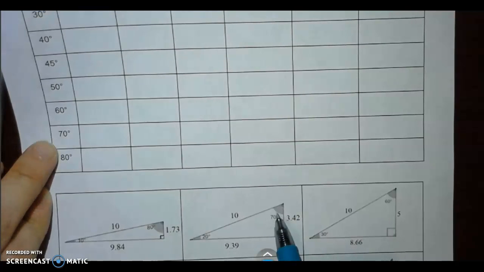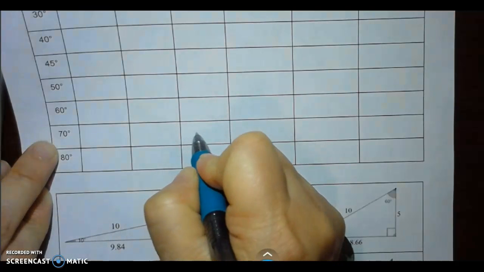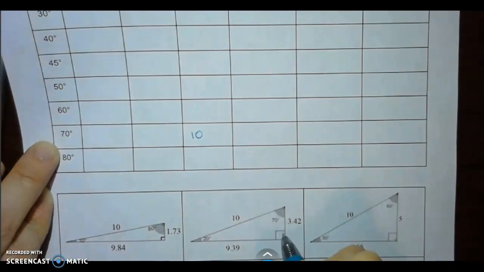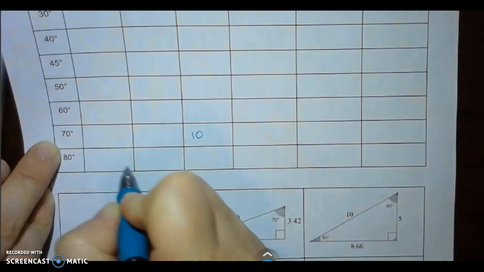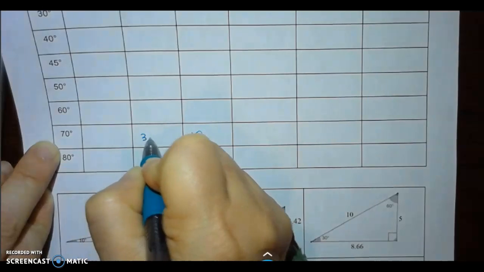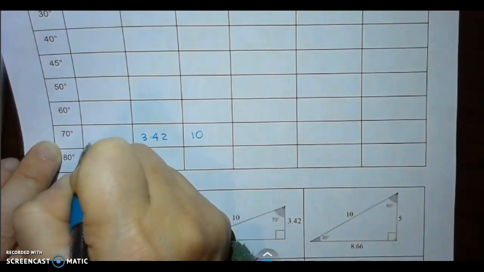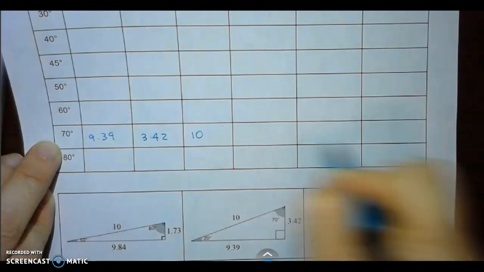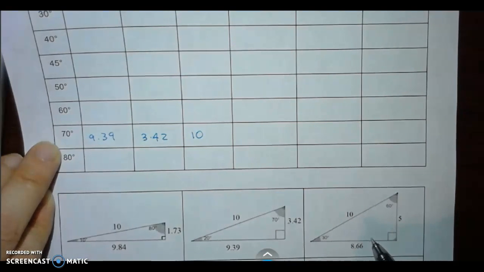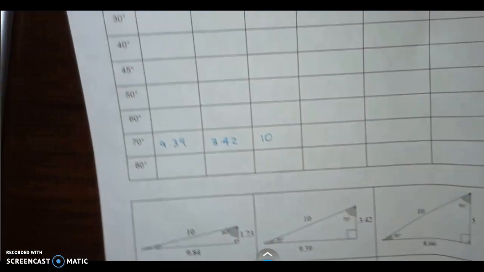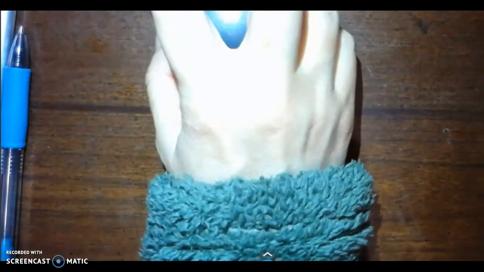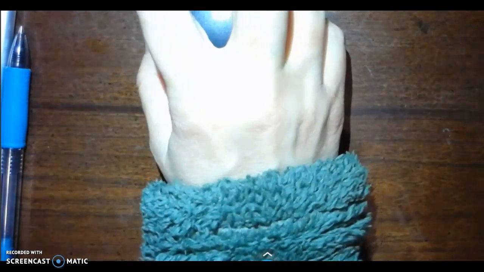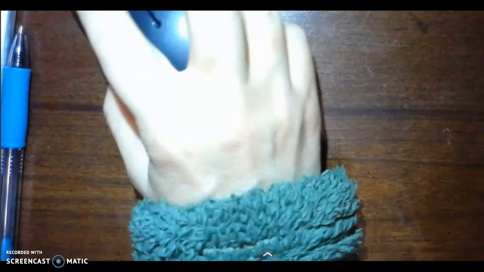For 70 degrees, again, the hypotenuse is going to be 10, but the adjacent side to the 70 degrees is 3.42, and the opposite becomes 9.39. From here, you can fill in the rest. I am going to give you about 5 minutes during the class to do this, and whatever you do not finish, you need to complete as homework.